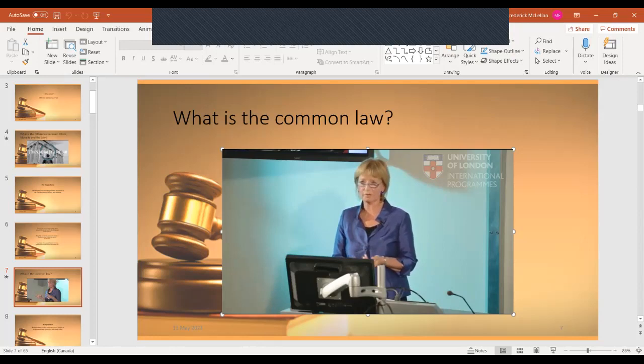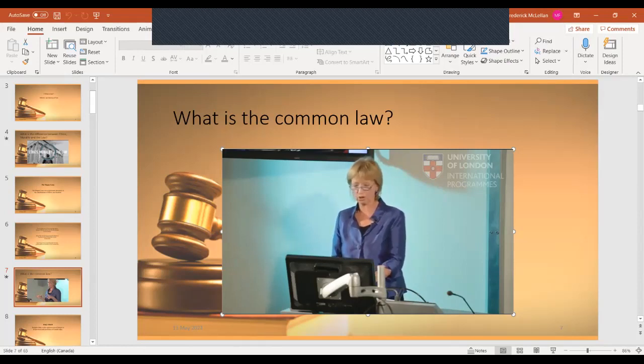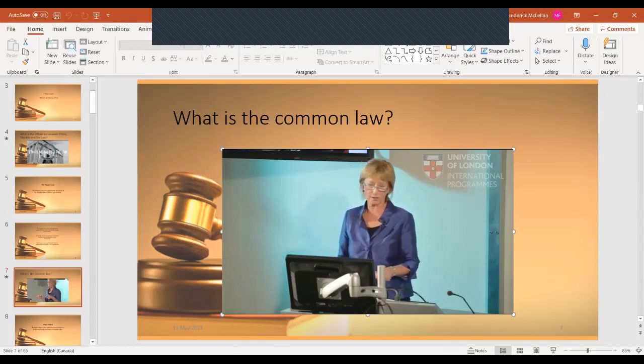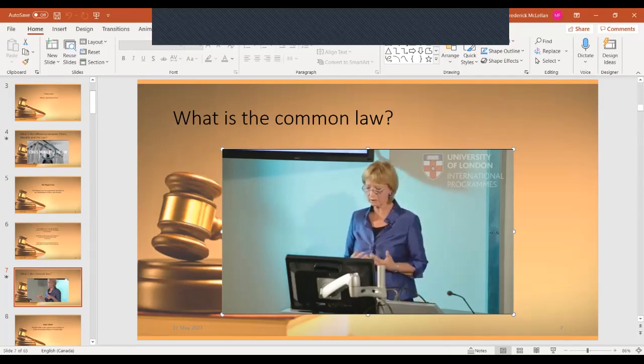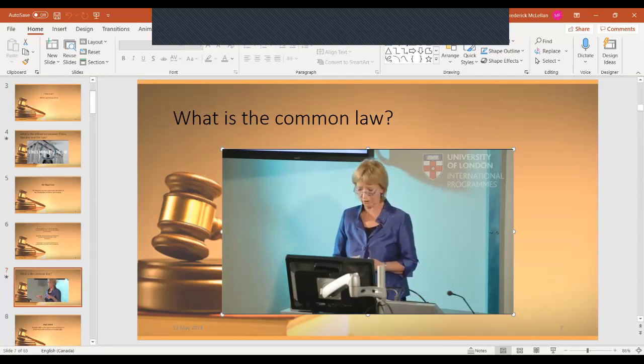So in the resolution of disputes over land, contracts, debts, as well as dealing with criminal offences, the courts were supporting social order and the tranquility of the state. And that is just as true today as it was in the time of William the Conqueror and Henry II. The courts underpin social order.